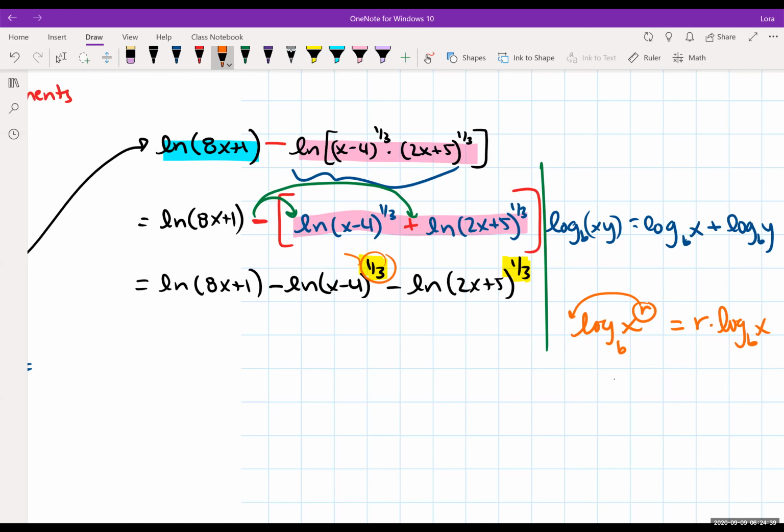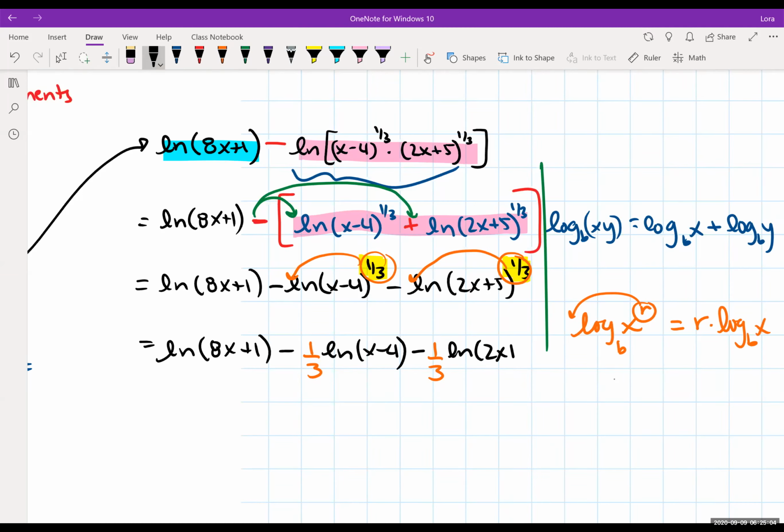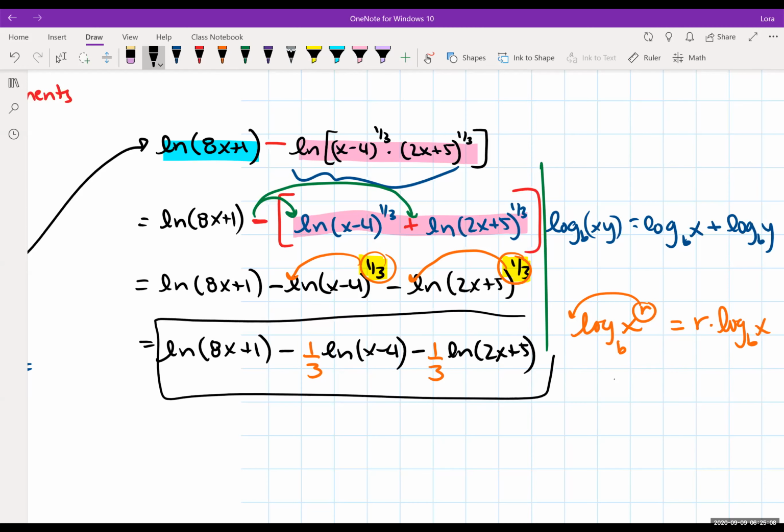So this is what we'll have to do for each of those to be considered expanded completely. So one last step, we have natural log of 8x plus 1 minus the 1/3 now becomes the coefficient, natural log of x minus 4 minus, again, 1/3 becomes the coefficient again, natural log of 2x plus 5. And now we have expanded our logarithm completely.